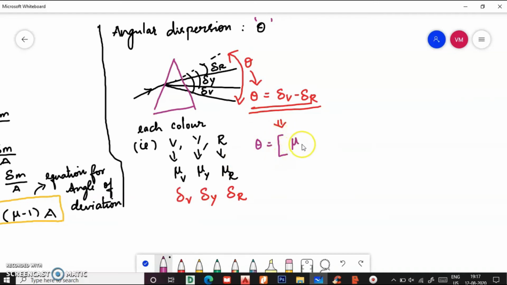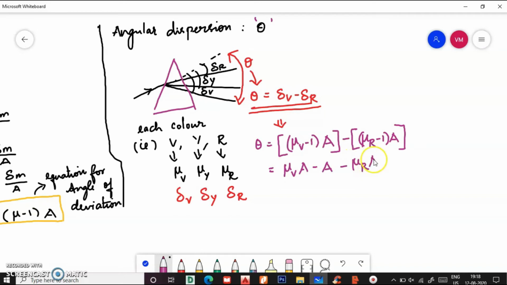Let me substitute the refractive index of violet and the angle of the prism, which gives the deviation produced by violet, and the deviation produced by red. On substitution, I get (mu v A minus A) minus (mu r A minus A).